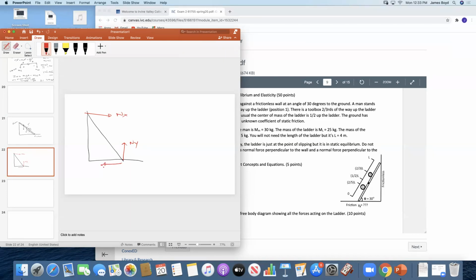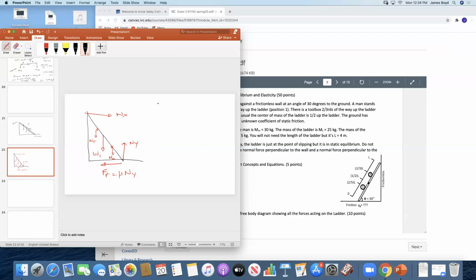So that friction will be mu times N of Y, the normal force where the friction is being applied. That you have to know. It has a weight at L over 2. This is the weight of the whole ladder. And then it has a weight of a man that it gives you, and a weight of a toolbox. So I'm just going to call these weight T, weight L, weight M.